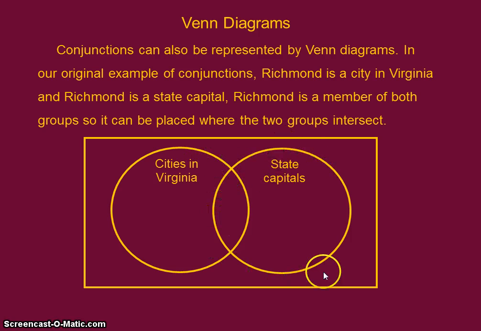It's going to be a member of both circles, so it's going to end up right there. That's where R would be. Over here we could put things like Tallahassee, Albany. Over here we could have Charlottesville, Henrico, things like that. But the only one that would fit here is Richmond.